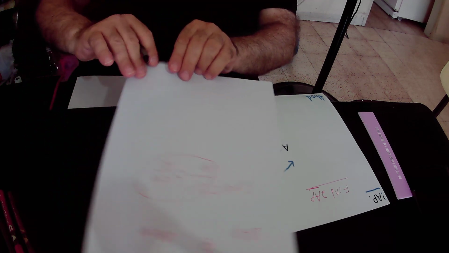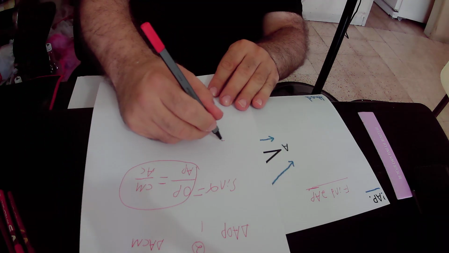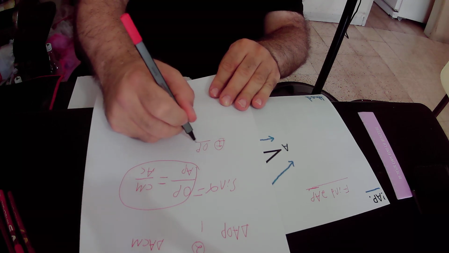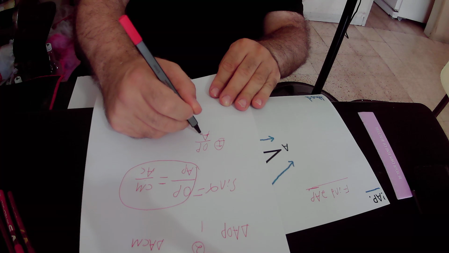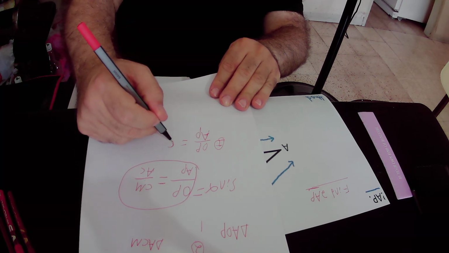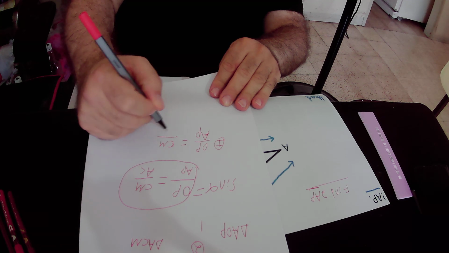Okay, so the first equation will be OP over AP equals CM over AC.